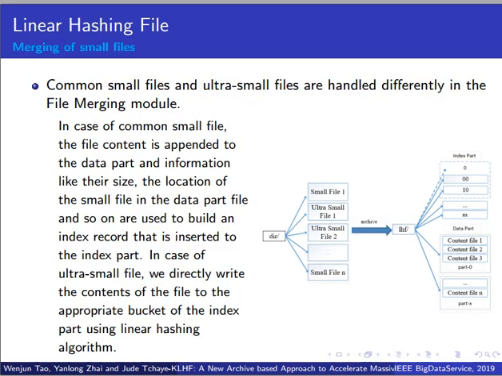Common small files and ultra small files are handled differently in the file merging model. In case of common small files, the file content is appended to the data part, and information like their size, the location of small files in the data part file, and so on are used to build an index record that is inserted into the index part.